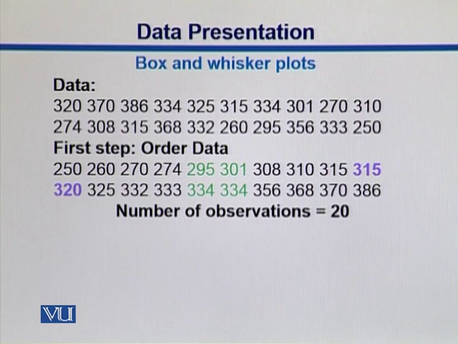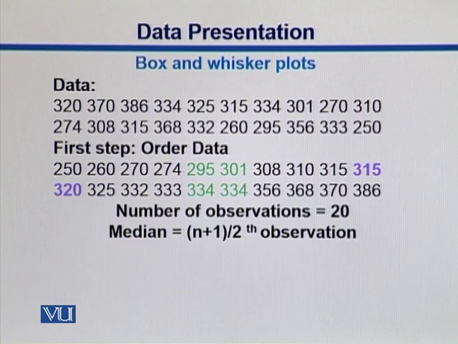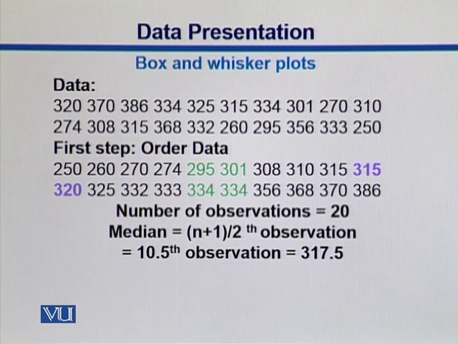Since the number is even, we take the median as n plus 1 divided by 2 observation. What I'm trying to say is that we get the middlemost value, which is the average of the 10th and 11th values. You can use this formula if it is an even number. If it's an odd number, you can simply use n by 2. So that is our 10.5th observation.